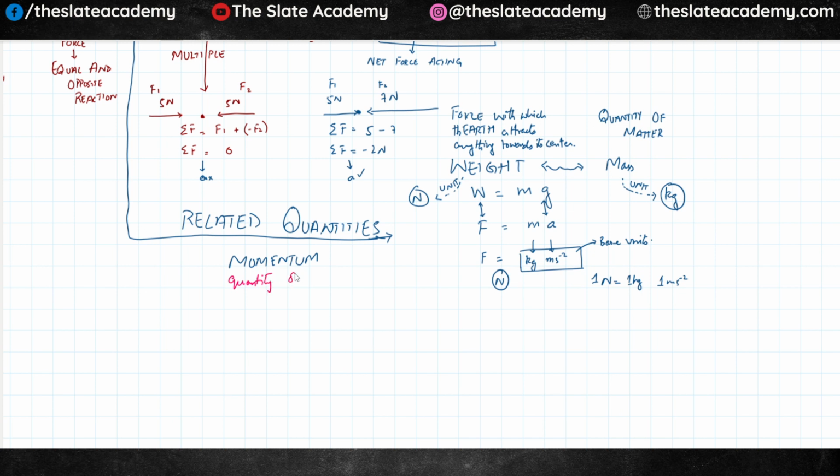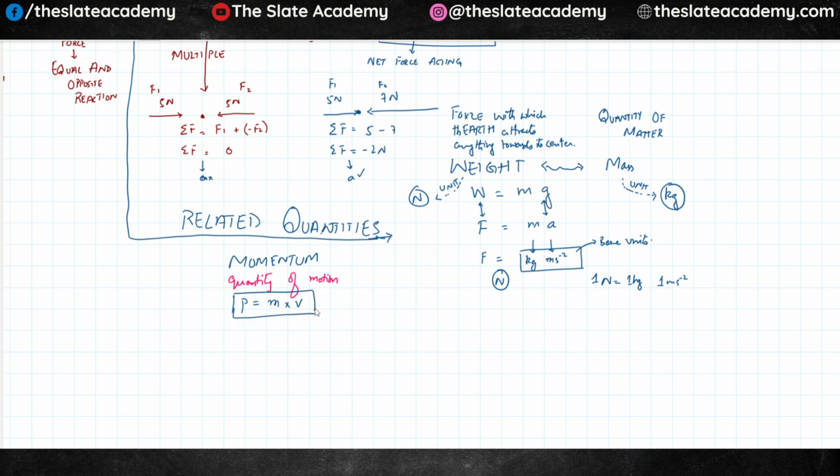So quantity of motion in a body is called momentum. It is given by the symbol P and is calculated as mass times velocity. Okay, this is the formula for it.